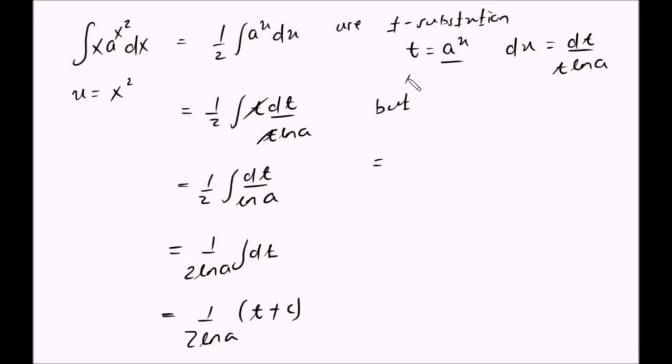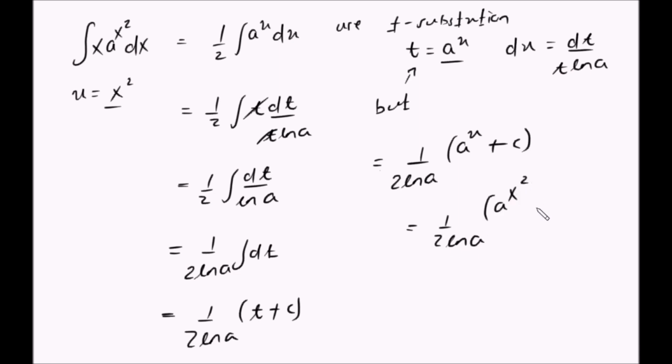But t is a to the power u, so this is just going to be 1 over 2 ln a times a to the power u plus c. But u is x squared, so this will be 1 over 2 ln a times a to the power x squared plus c.